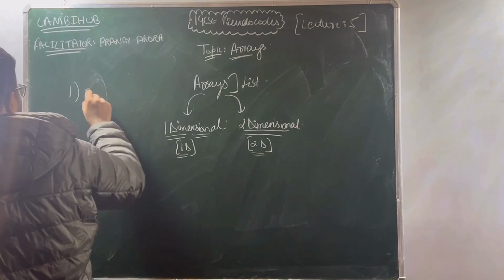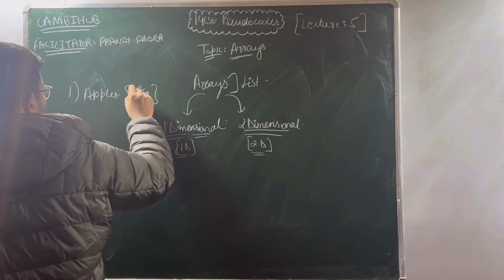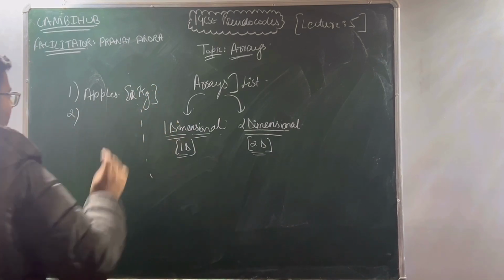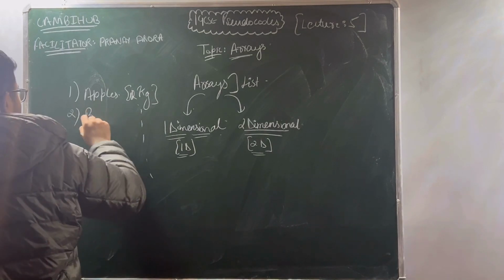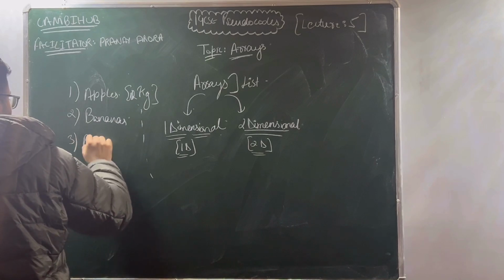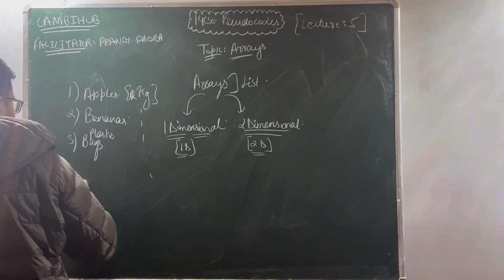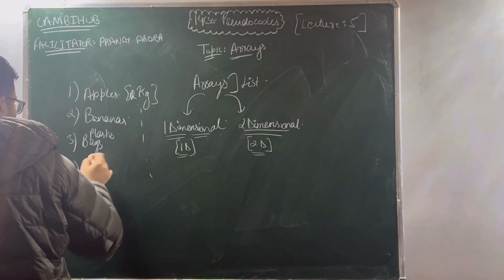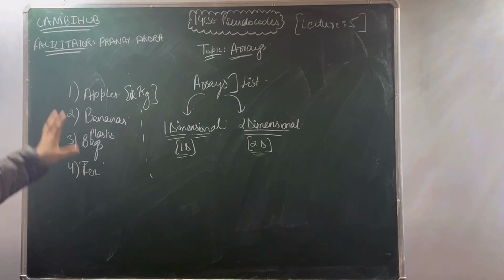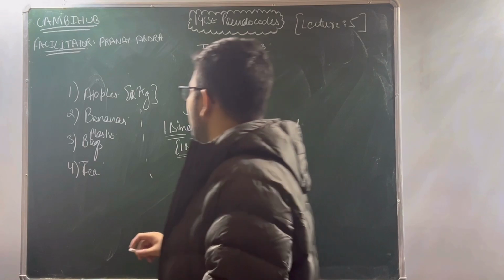For example, apples 1 kg, let's say 12 kg, and whatever is the measurement, apples, bananas, for example plastic bags, any beverage like tea or coffee. So this is a normal list of grocery items that I need to make a list of.